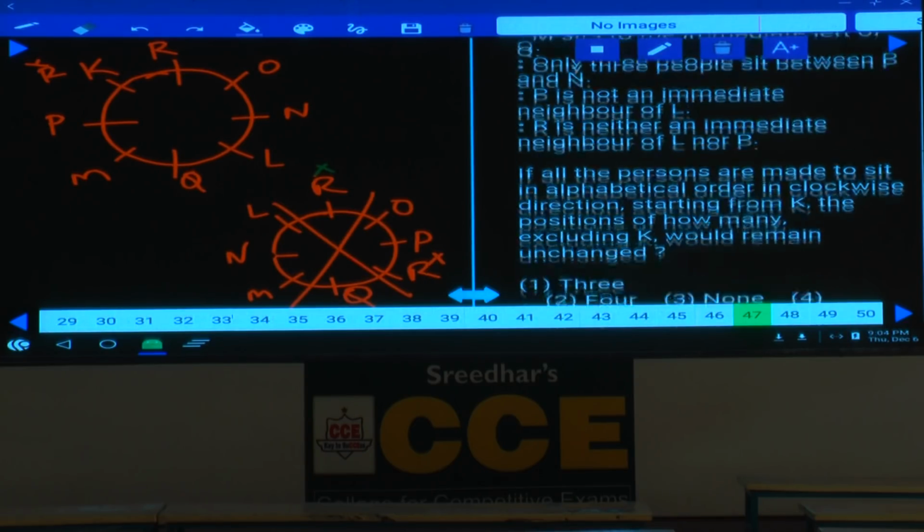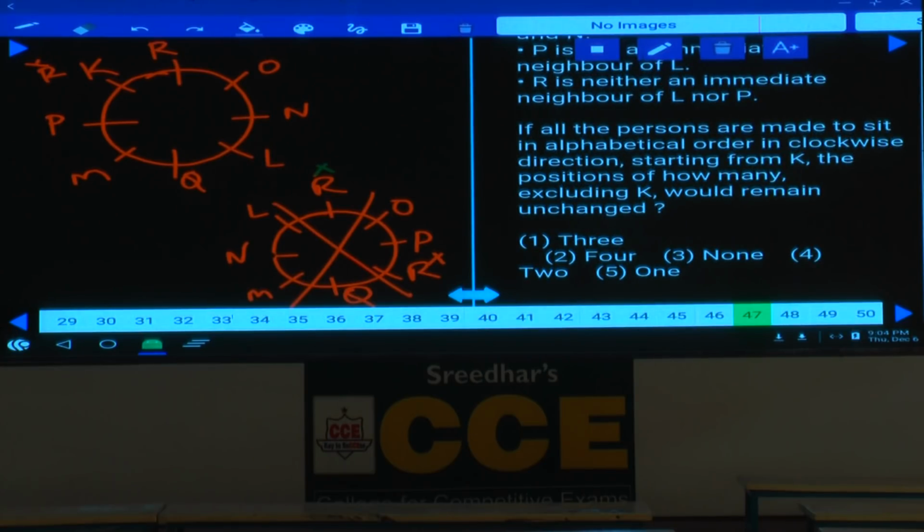Now according to this one, if all the persons are made to sit in alphabetical order starting from K, in alphabetical order, this will be K, L, M, N, O, P, Q, R. Then the positions of how many excluding K would remain unchanged?